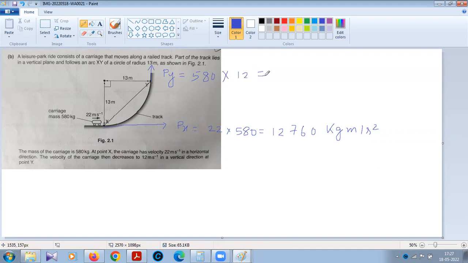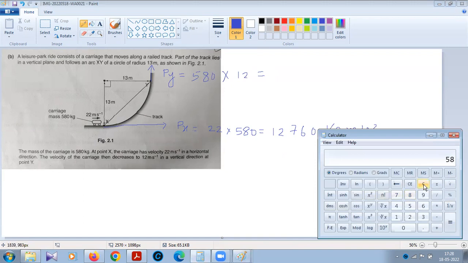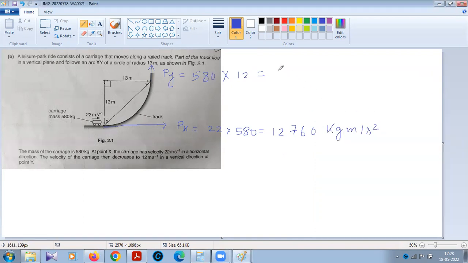So 580 into 12, which is 6960 kg meter per second. But the direction is different, right?